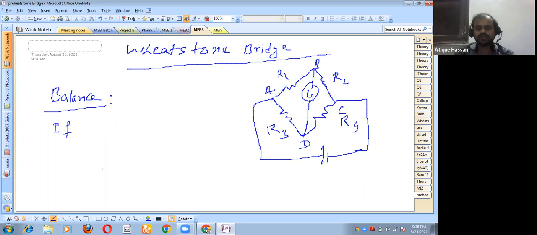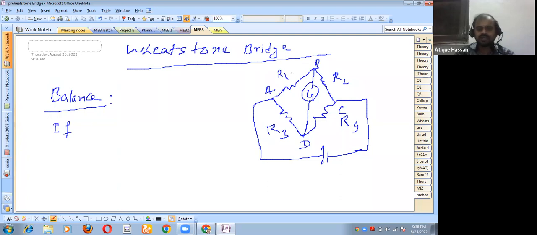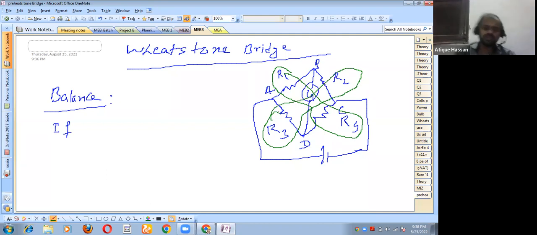So it's better to remember a trick for balancing a Wheatstone bridge: the product of these resistors will be equal to the product of these resistors. This is easy to remember. We generally forget the ratio, whether to take R1 by R2 or R1 by R3, so that confusion always remains. You will not be confused if you remember it this way.